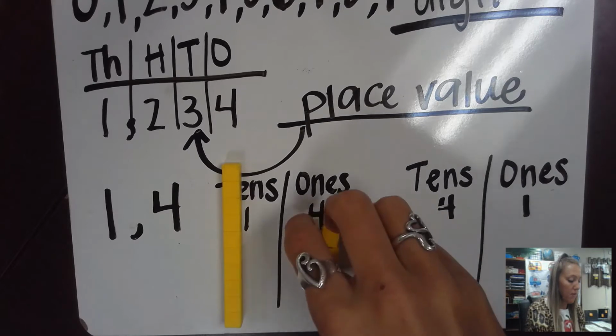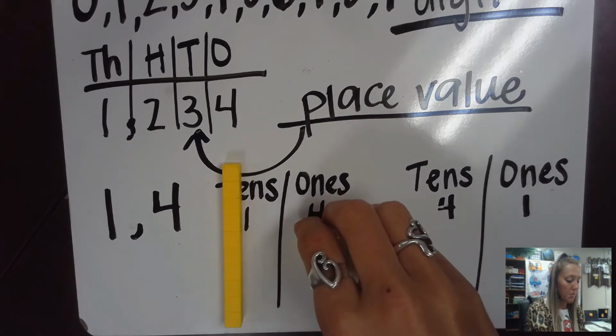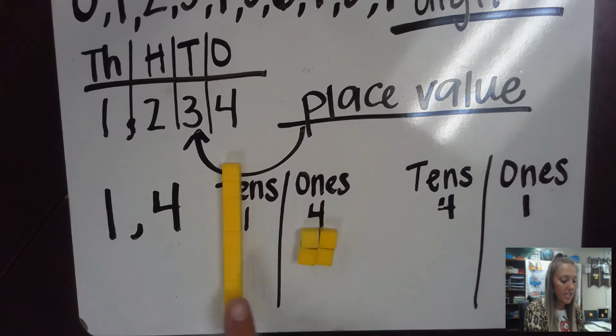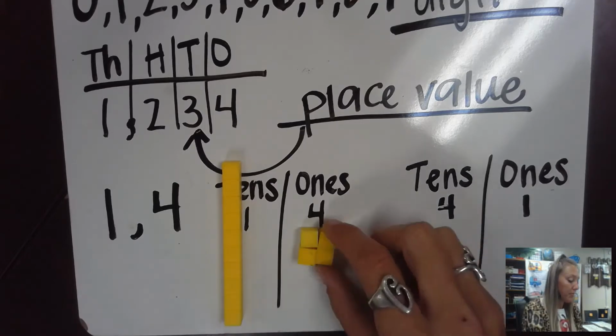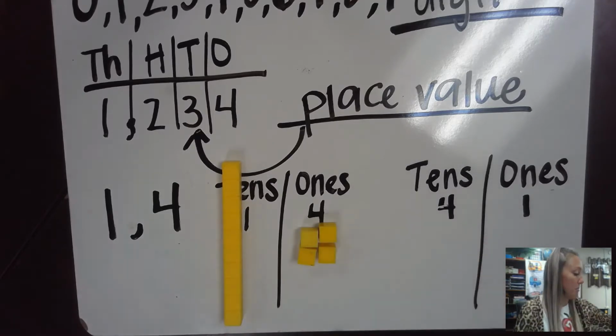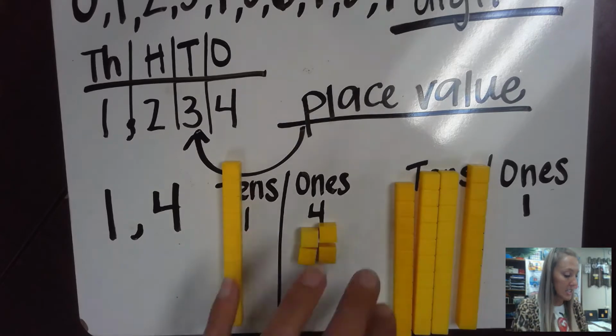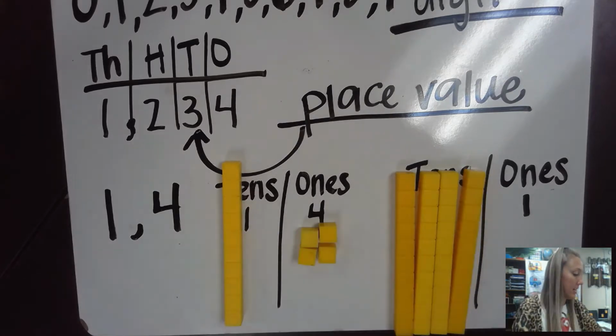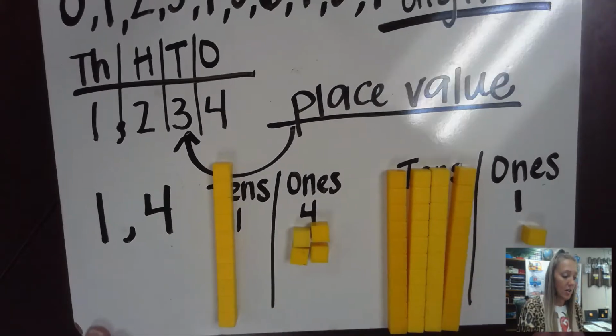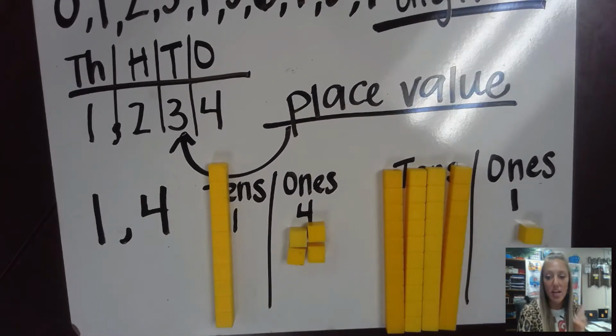We've got 4 ones in the ones place. If I had 10 of these, it would make another 10. So the next number we can make is if we flip-flop those and put a 4 in the tens place and a 1 in the ones place, we now have 41.